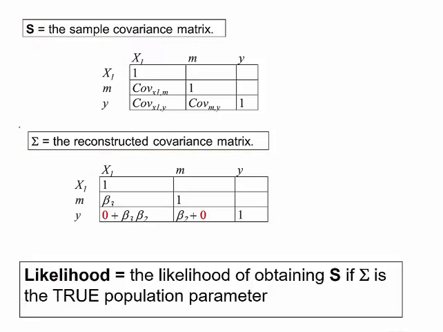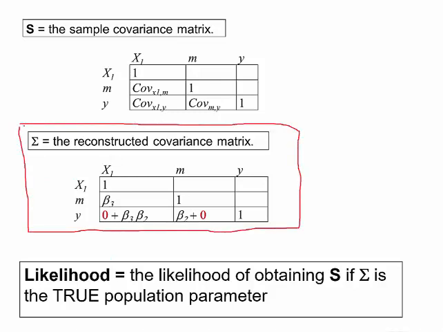So once I have my sigma, my reconstructed variance covariance matrix, I could calculate something called a likelihood. The formula for calculating a likelihood actually gets rather complex, and I'm not going to mess with that formula here, but I want you to know that we can calculate it.